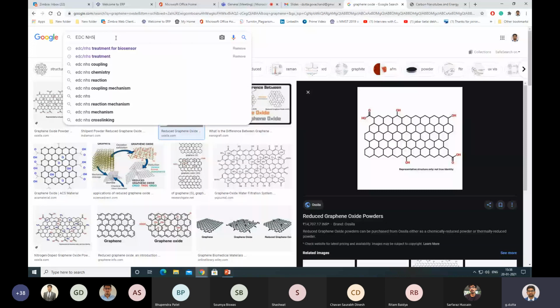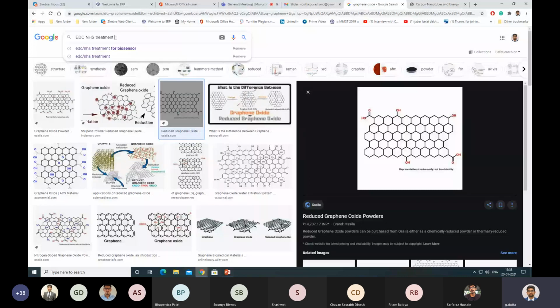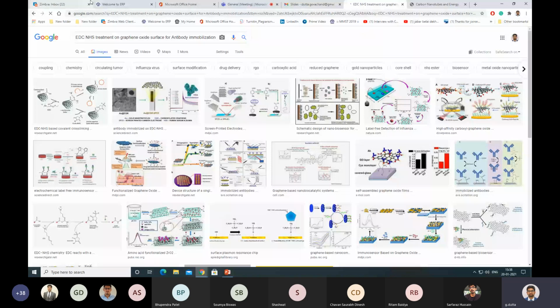You can search like this: EDC NHS treatment on graphene oxide surface for antibody immobilization. Like this way you can search. Then you will get some pictures like this. Right? You will get so many processes.